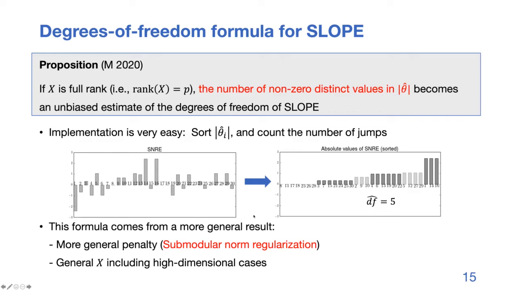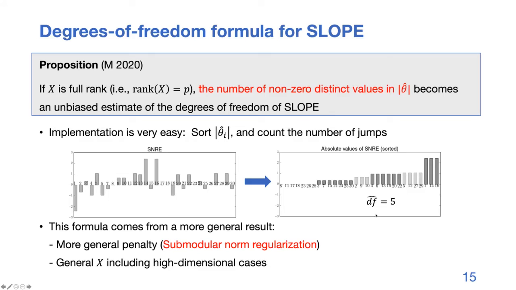Okay, so here is an artificial example of a SLOPE solution. Once we obtain the SLOPE solution, we take the absolute value of theta hat, and then after we sort the absolute values, the sum of coordinates becomes exactly 0. So the degrees of freedom is the number of steps of the remaining part.